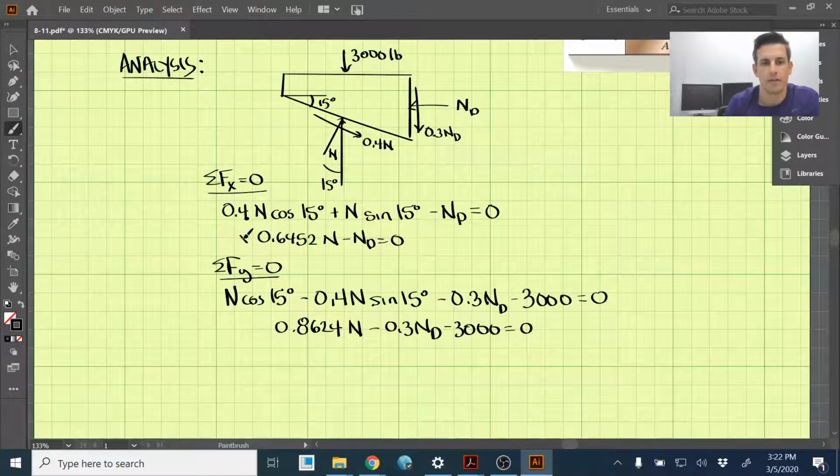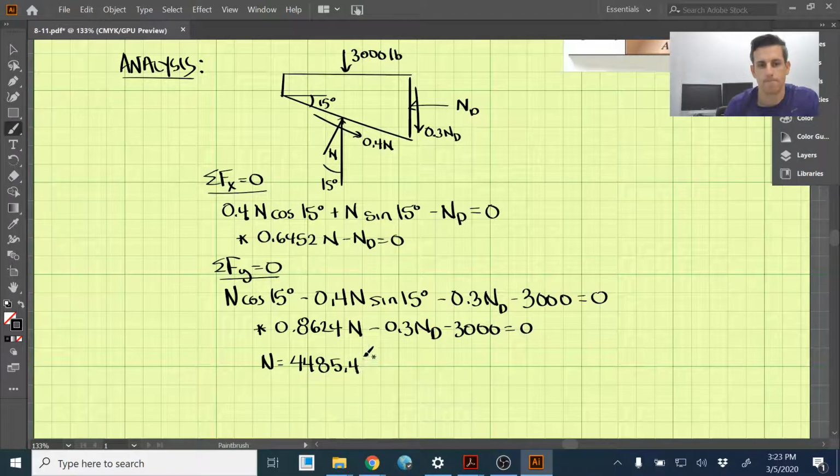So we have this equation and this equation here, and solving those simultaneously, we can then get N and ND. N comes out to be 4485.4 pounds, and ND comes out to be 2,893.9 pounds.